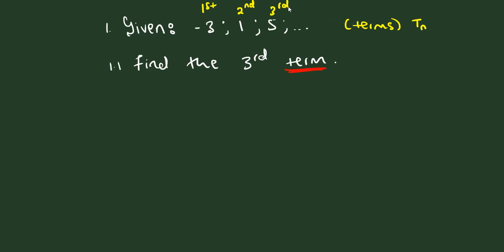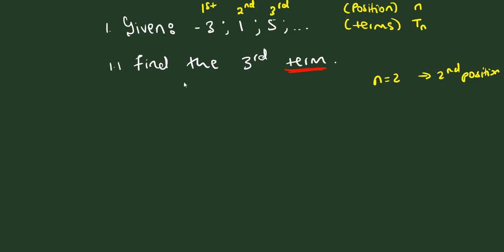But these numbers that are above here indicate position, and the symbol representing position is n. So if n is equal to 2, it means I'm talking about the second position, meaning this term here.